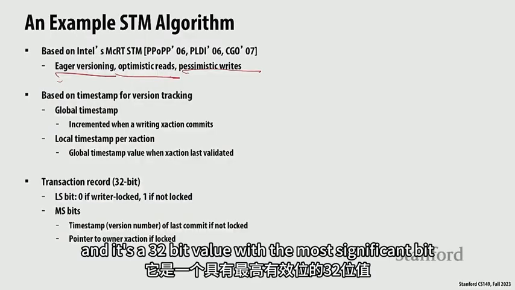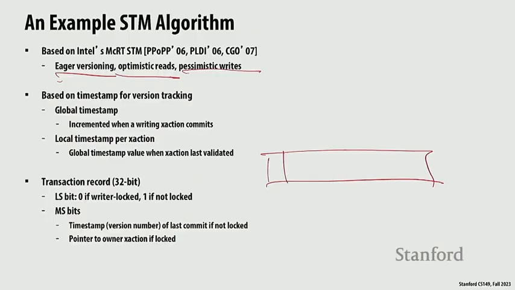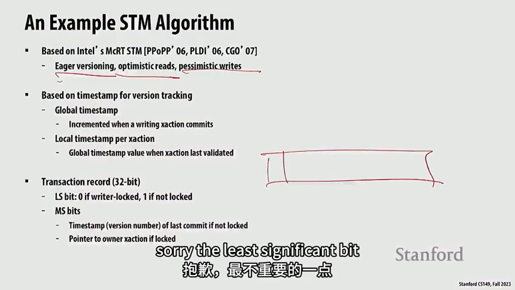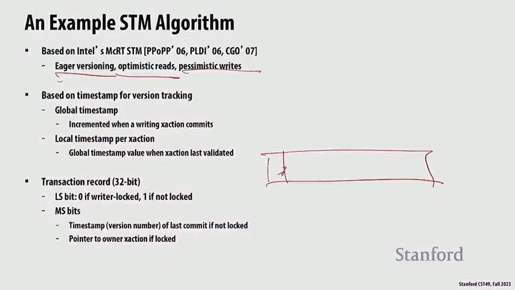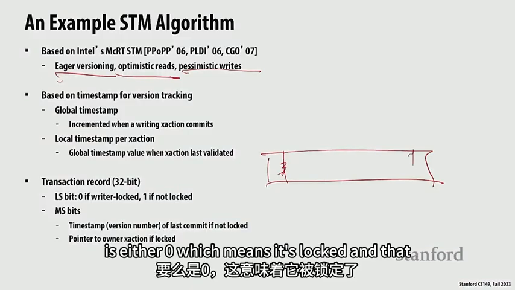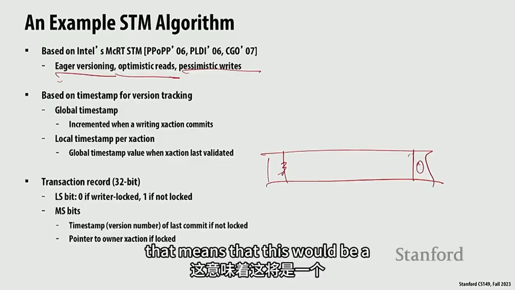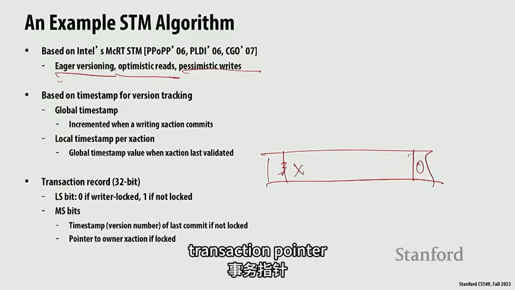It's a 32-bit value, and the least significant bit is either 0, which means it's locked, and that means this would be a transaction pointer.